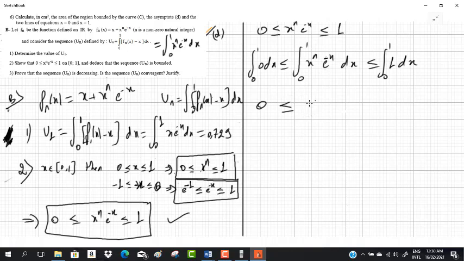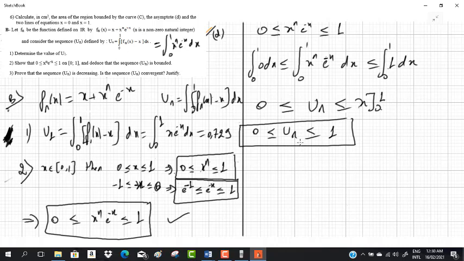The integral of 0 is 0. The integral of x^n e^(-x) dx between 0 and 1 is u_n. The integral of 1 is x between 0 and 1. By replacing, we get 0 less than or equal to u_n, less than or equal to 1, and I showed that u_n is bounded.